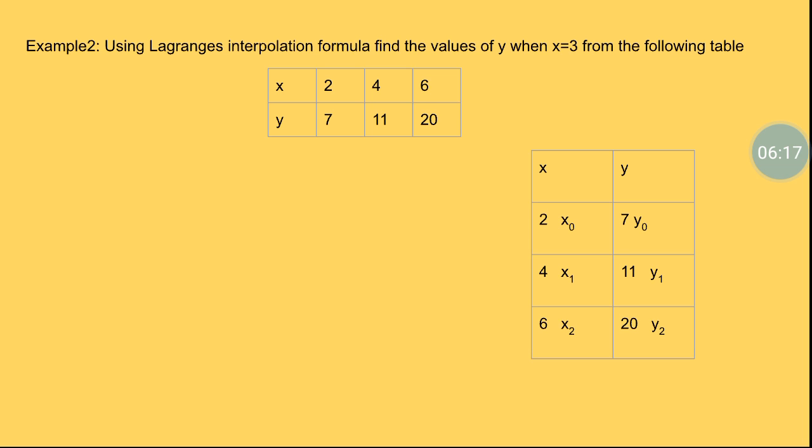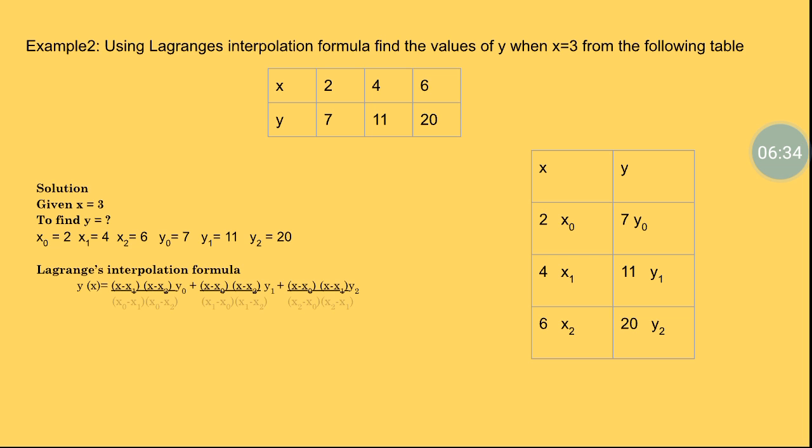Now let us come to Lagrange's interpolation formula. Again the same, note down the values. Again we have here 3 values, x0, x1, x2, y0, y1, y2. Write the formula of Lagrange's interpolation. We have Lagrange's 3 terms. So we get first term into y0, second term into y1, third term into y2. x0 comes in the denominator in the first term, x1 comes in the denominator of the second term, and x2 comes in the denominator of the third term.